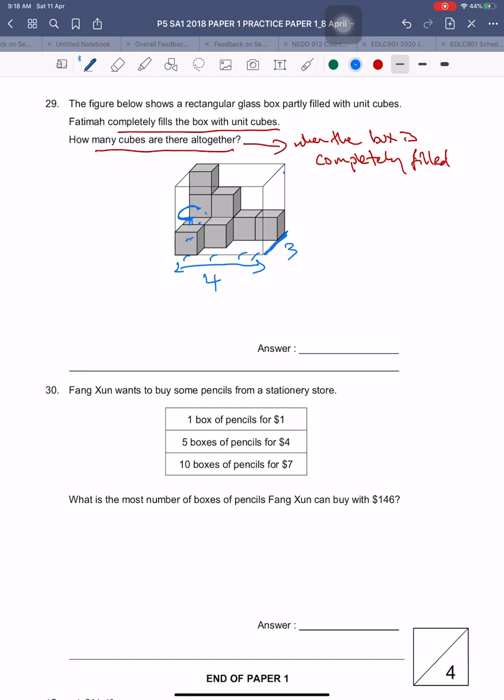You can find 3. Here, the height is 1, 2, 3. So the length you can get 4 cubes, the breadth 3, and the height is 3. To find the total, just get 4 times 3 times 3, 36. So if she were to fill the entire glass box with cubes, there will be a total of 36 cubes.